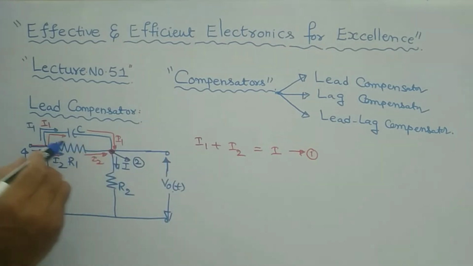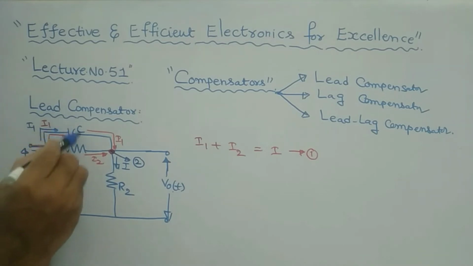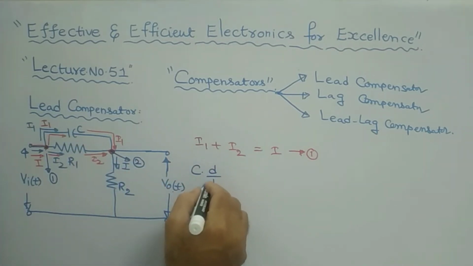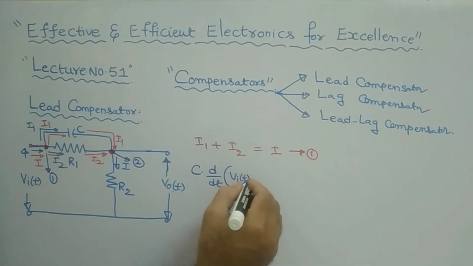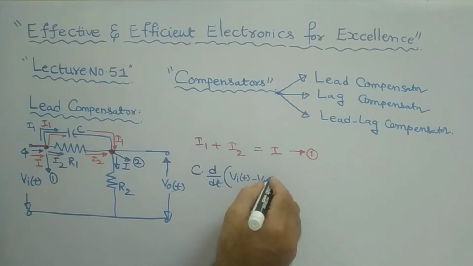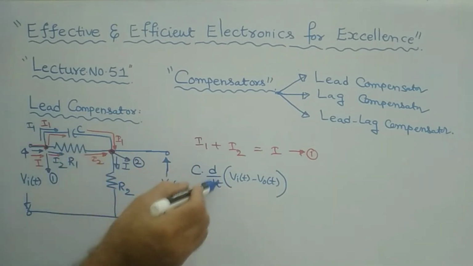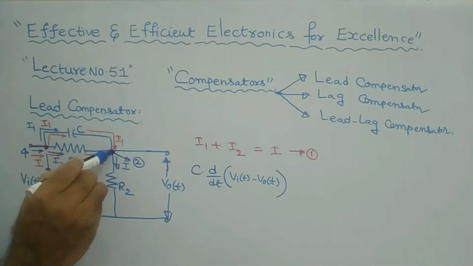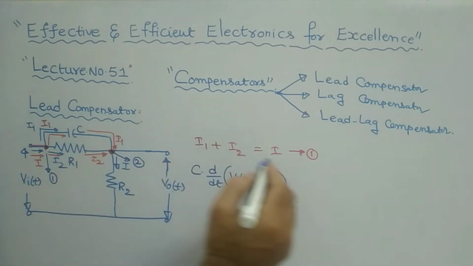Therefore, the expression for I1, the current flowing through C, is C into d by dt of Vi of t minus V naught of t. That is, this node voltage minus that node voltage. That is your I1.